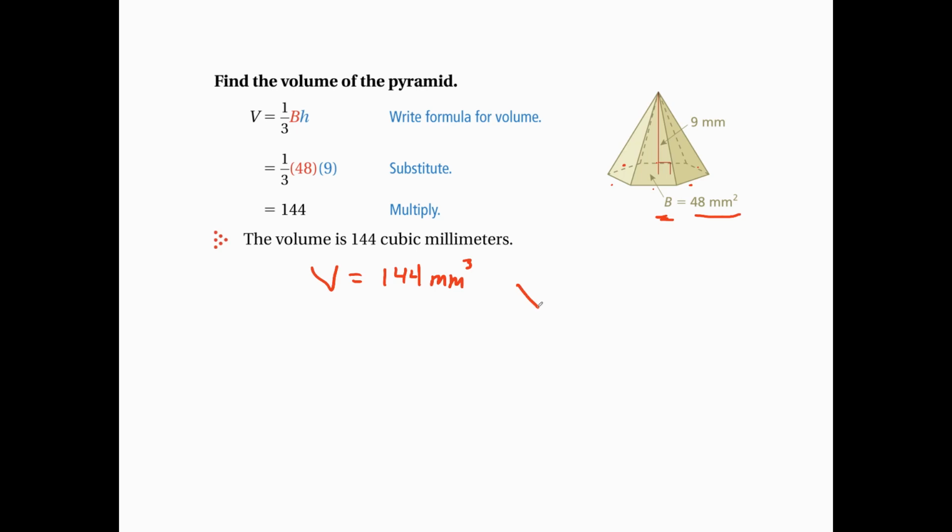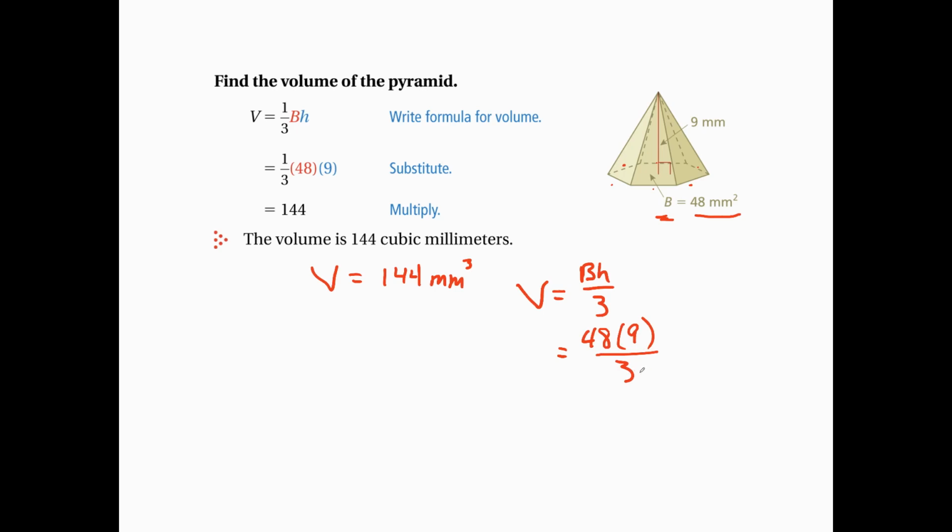Now, using the formula the way that I like to do it, we'll just work that out so you can see that too. So we have the area of the base, which is 48, times the height of the pyramid, which is 9, divided by 3. The reason I like this is because I can see the canceling.